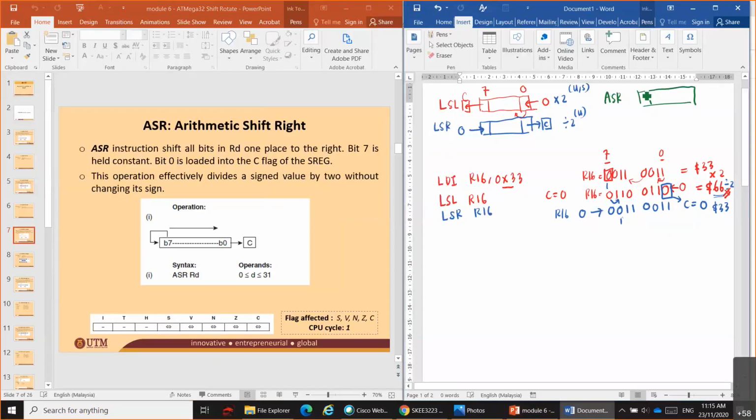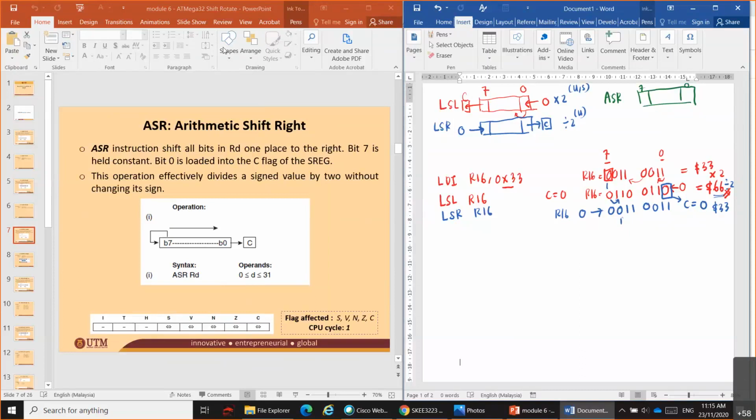This is your bit 7 and this is your bit 0. There is a question here.